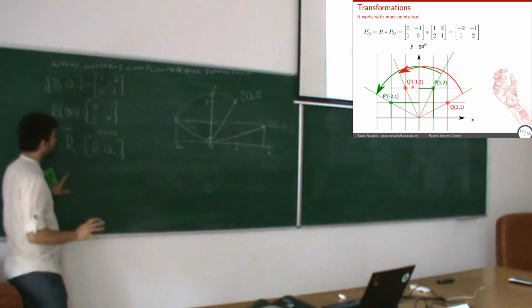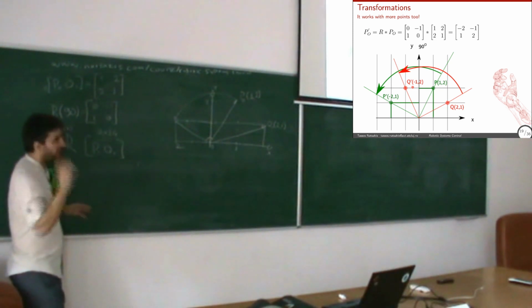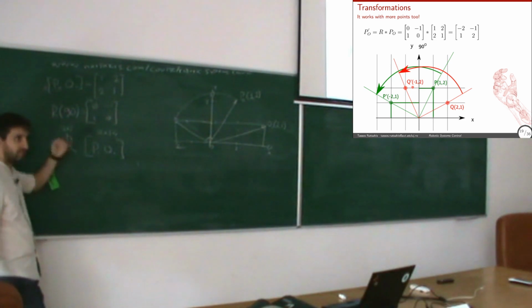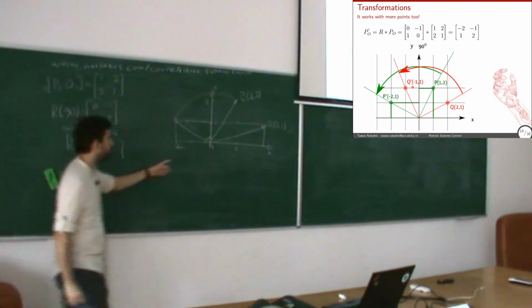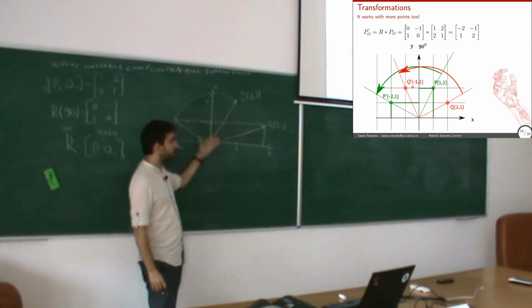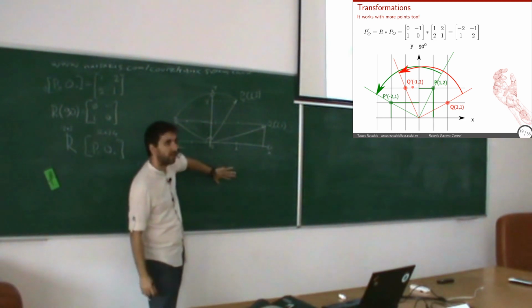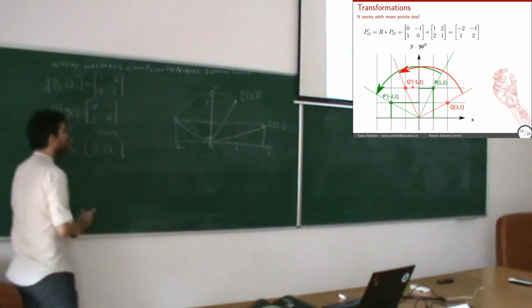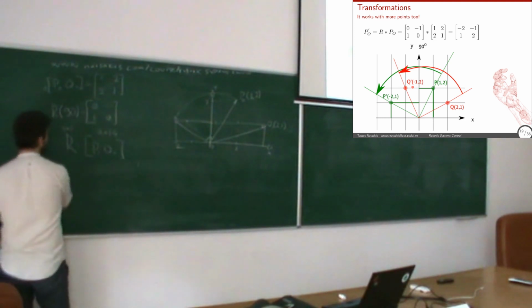Now things are easy in 2 dimensions because I only have 1 transformation matrix, 1 transformation for rotation. I can only rotate around here. I'm stuck on this plane, so I cannot rotate around anything else. 2 dimensions, 1 rotation. 3 dimensions, how many rotations?